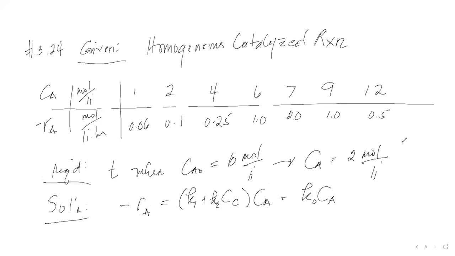So what we're going to do in here, if you look very closely, class, and if you're going to use the linearization process, you can take ln of both sides, ln of RA equals ln of k sub o plus ln of C sub A, coming from the fact that you will have here ln of the product of k sub o and C sub A. If we have a product, that would be equivalent to splitting both parameters as arguments of the ln.